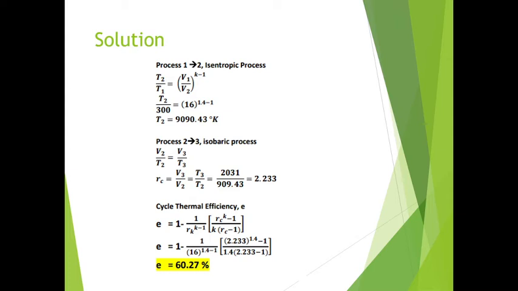So we can just input it there and then solve it in the calculator, and then we can get T2, the temperature at point 2, which is 909.43 Kelvin. So process 2 to 3 is the isobaric process.